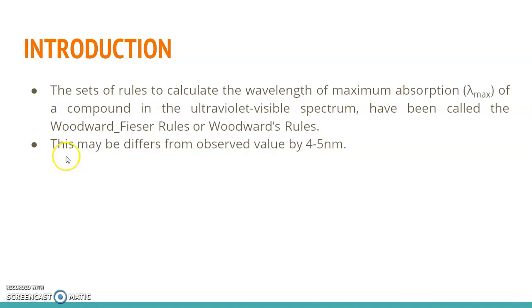And these theoretical calculations of lambda max for any given molecule may differ from the observed or practical results, and they may vary up to 4 to 5 nanometers, and even sometimes up to 10 or even more than 10 nanometers. So it is roughly an idea to calculate theoretically the absorption maxima value by using these Woodward-Fieser rules.